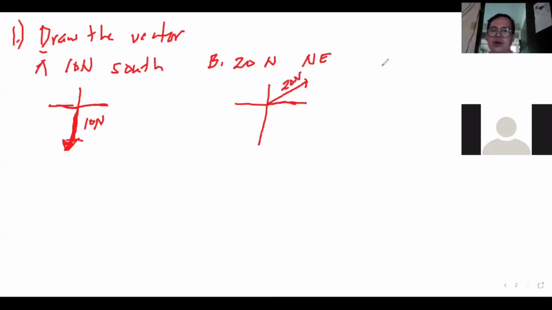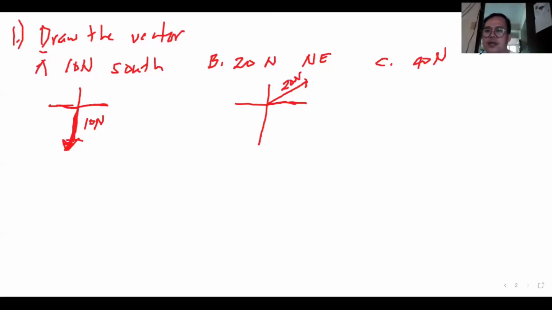Then let's go to C. Vector C is 40 Newton, 30 degrees west of south. Let's check: west of south, correct. So we draw it in the Cartesian plane.